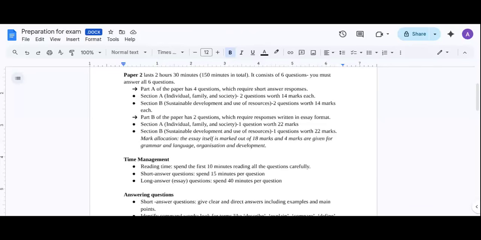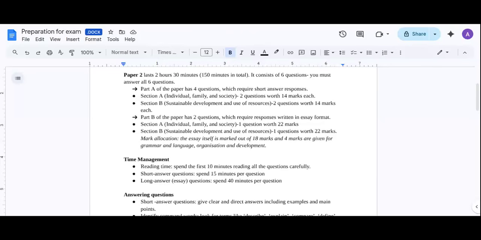essay format. Section A, your question is based on individual, family, and society. So that ranges from family straight up until government. And 1 question is worth 22 marks.